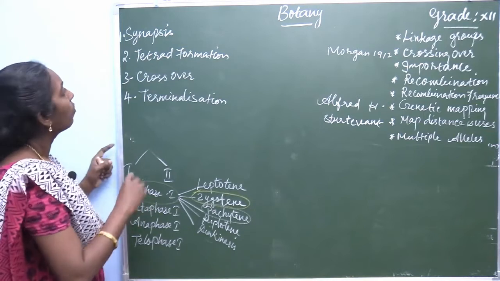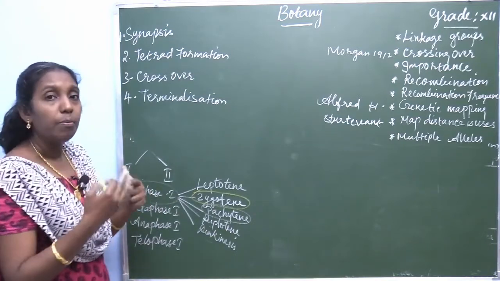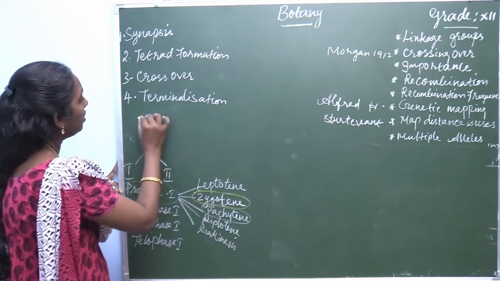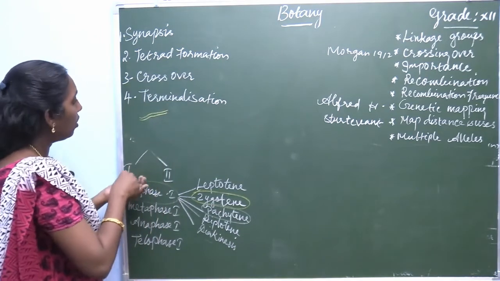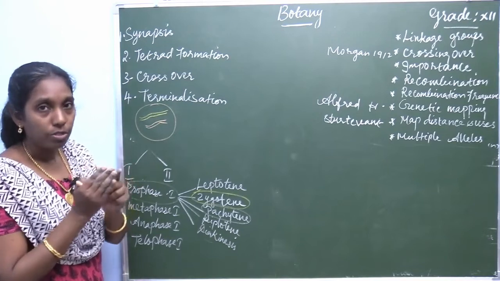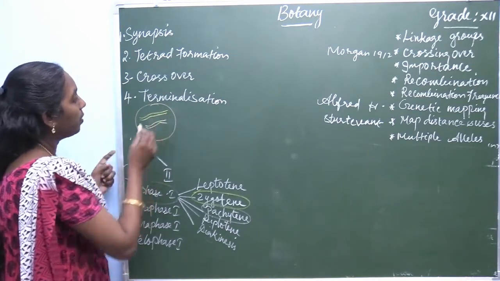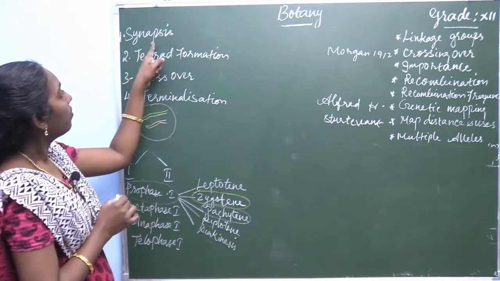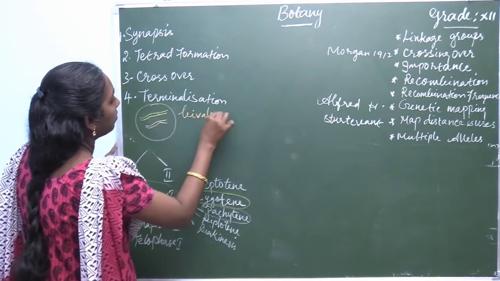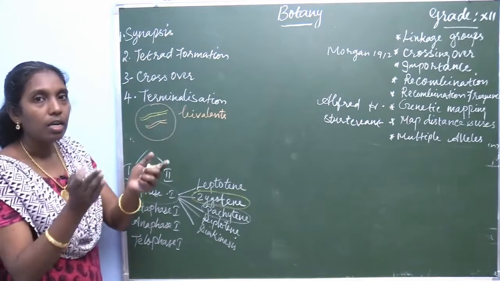The homologous chromosomes come closer and align side by side, and it produces a bivalent. Two homologous chromosomes are pairing.